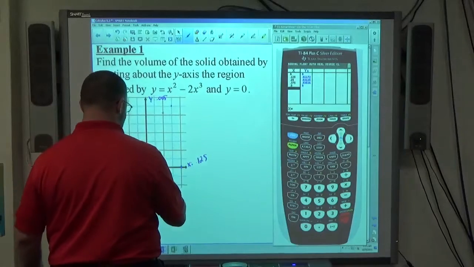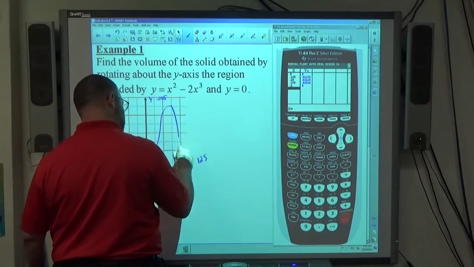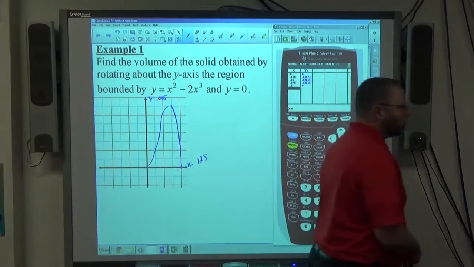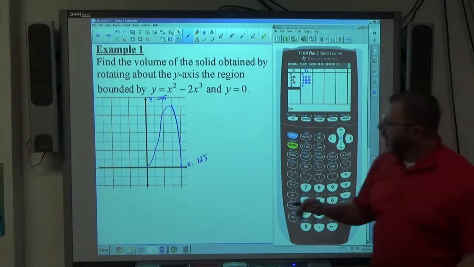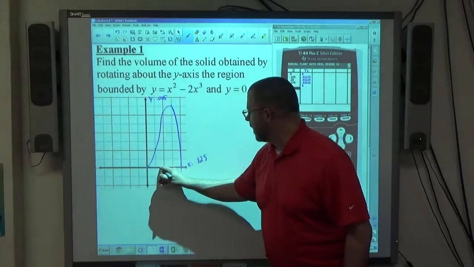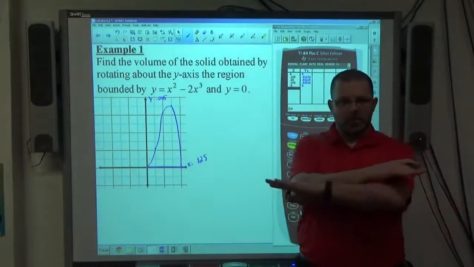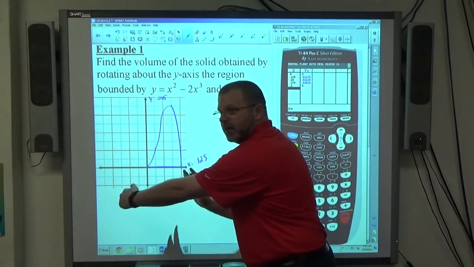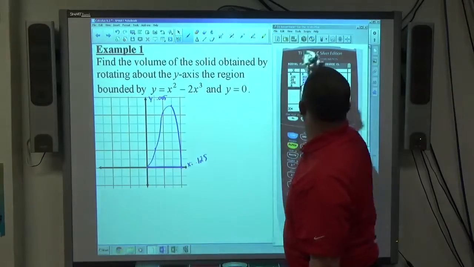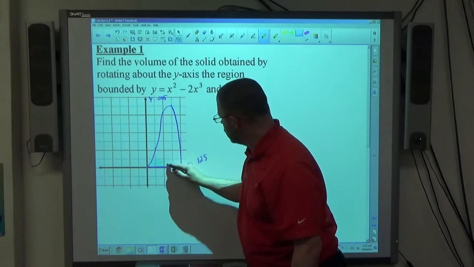Okay, if I'm trying to draw this, I'm going to do that. The purpose of the graph is not to get a beautiful graph, it's to get an idea of what's happening so we can deal with it. And then y equals 0, of course, is this. Again, I only want to deal with the part that is going to be in our region, so that's not much of it. y equals 0 is a line that goes on forever, but I'm only worried about my region. And then I'm going to shade that region in, like so.